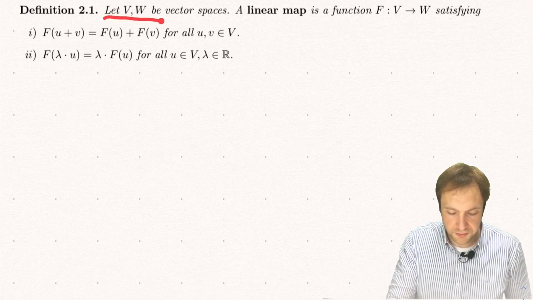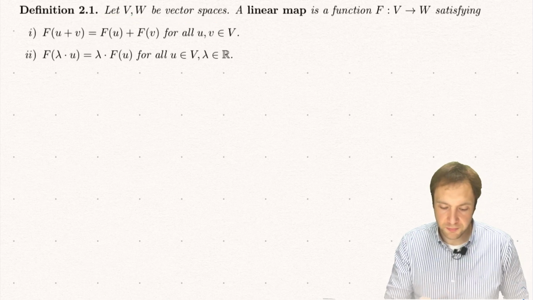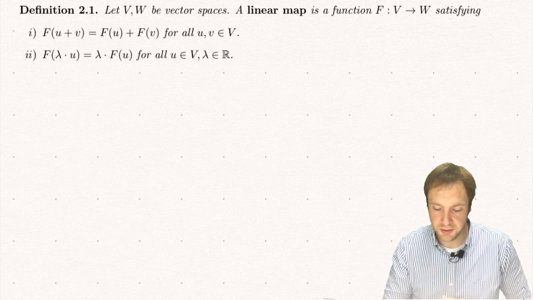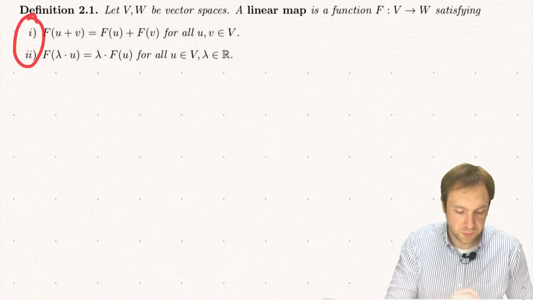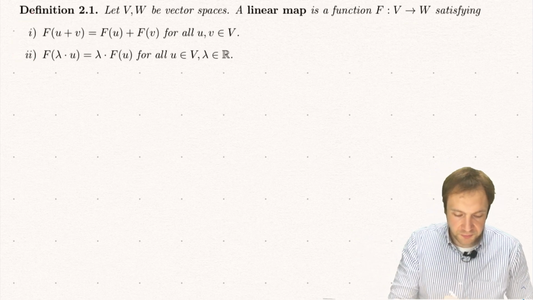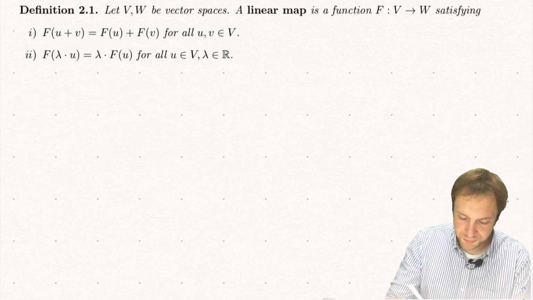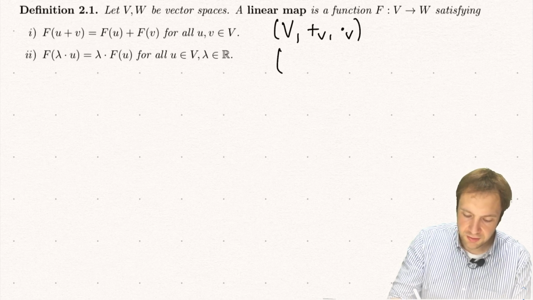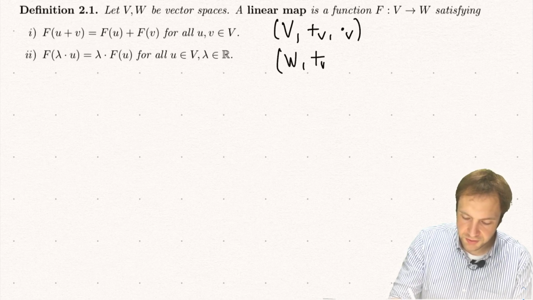If I have two vector spaces, V and W, then a linear map is a function from V to W, which satisfies two conditions. And here using the new notation, we have now two vector spaces, V with this addition and this scalar multiplication, and W which has this addition and this scalar multiplication.